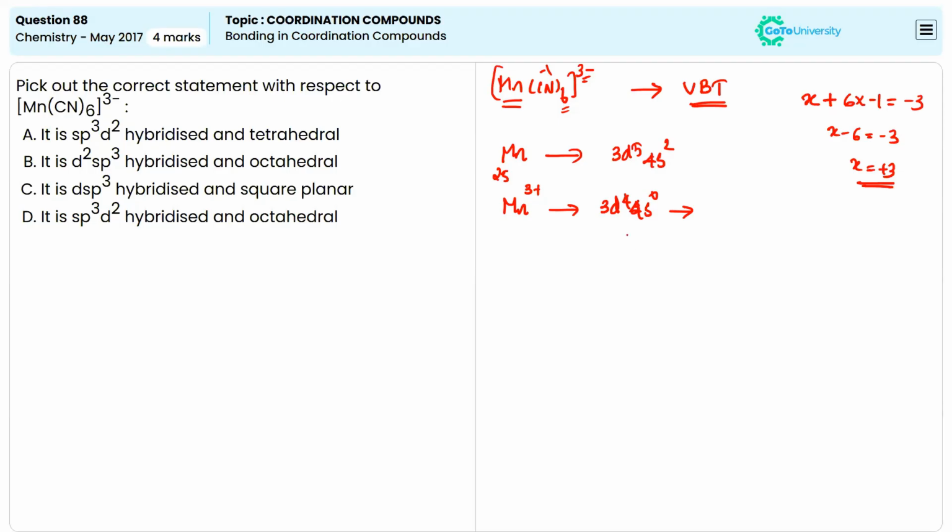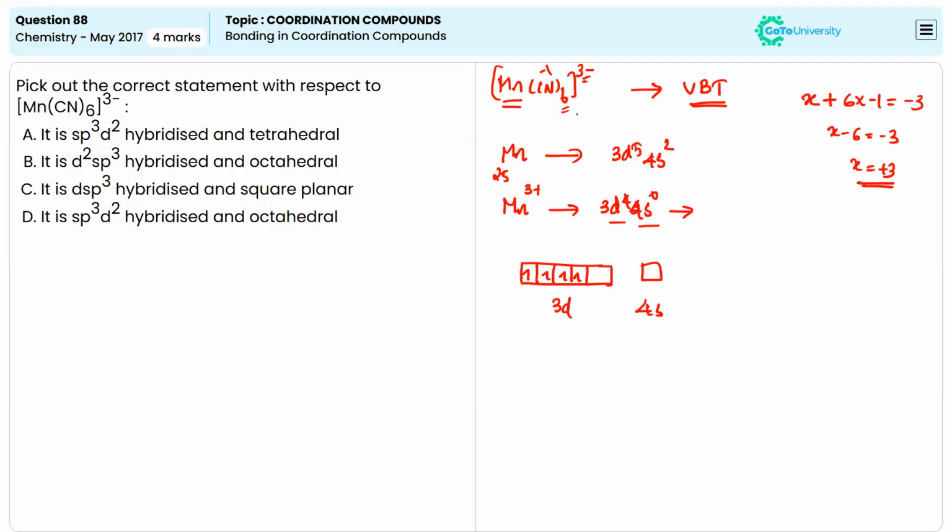So for Mn3+, 3d4 4s0, right? There will be 5 orbitals in the 3d subshell. So I'm writing the 3d subshell, then the 4s orbital. We have 4 electrons in the 3d subshell, and 4s is empty in the Mn3+ ion, right?